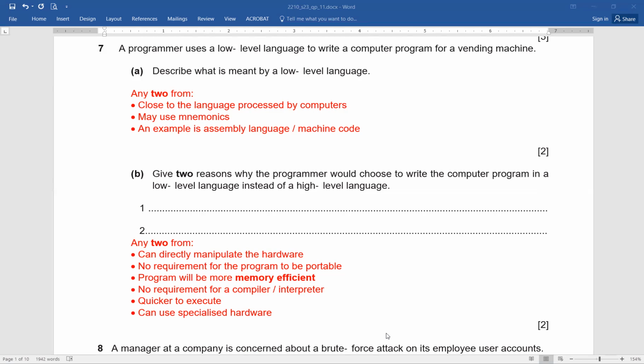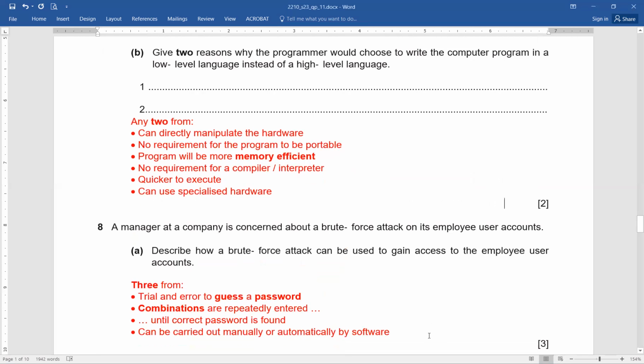Remember, low-level language programs always execute faster. They always use specialized hardware. The program is non-portable, designed for one architecture, and will work on that architecture only. So you can choose any 2 points, and you will score 2 out of 2. Okay? Any questions?